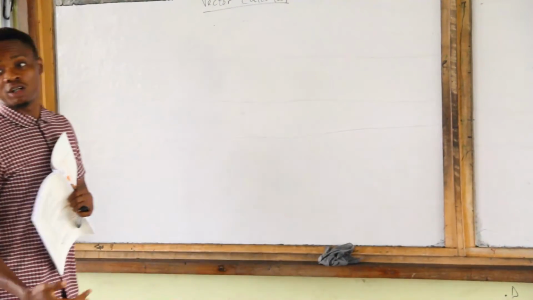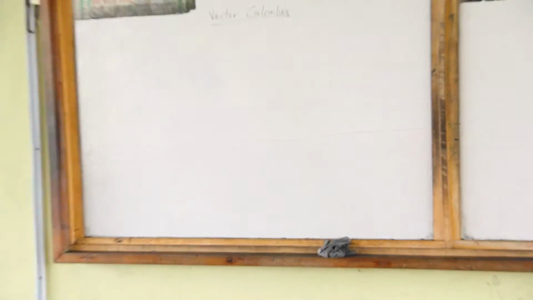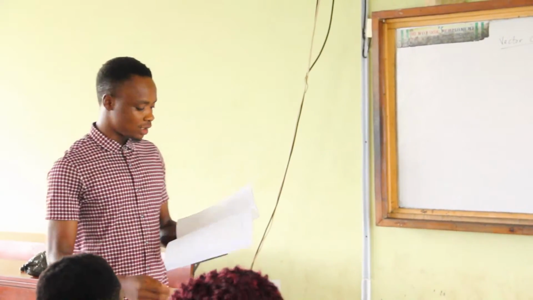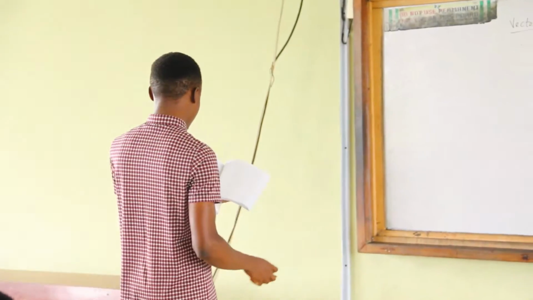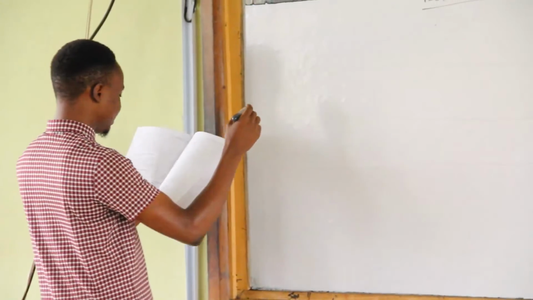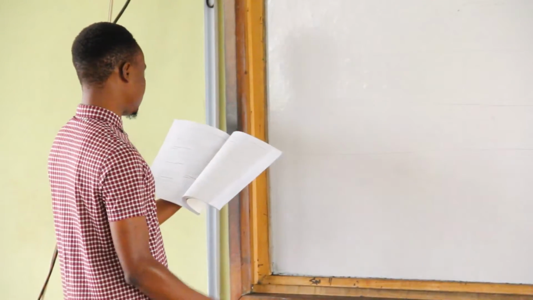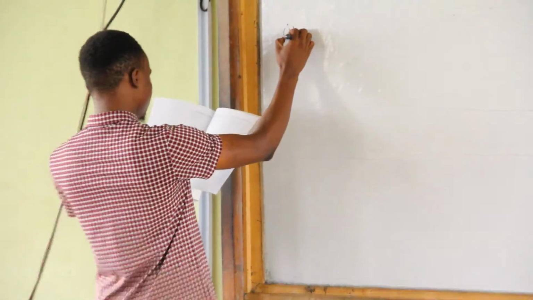I'm not doing major work in this section, I'm just picking out things that I think I have not touched. Properties of gradient and divergence, or you can say identities.